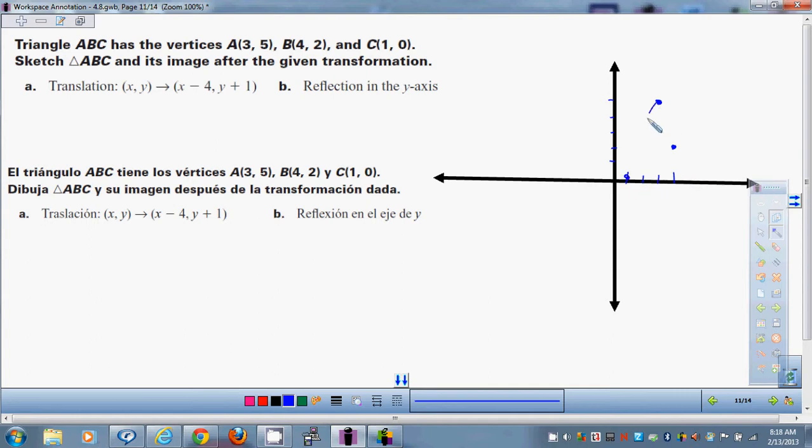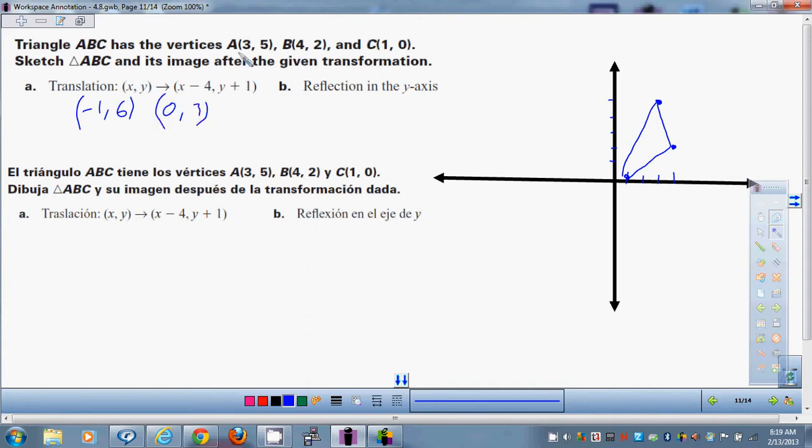Now, first thing, translation. There's two ways you can do this. You can actually just write out your new coordinates and then just plot them. For instance, A, we have to do -4 plus 1. 3 minus 4 is what? -1. 5 plus 1? 6. 4 minus 4? 0. 2 plus 1? 3. 1 minus 4? -3. 0 plus 1? 1.